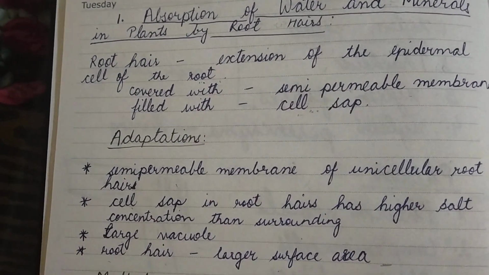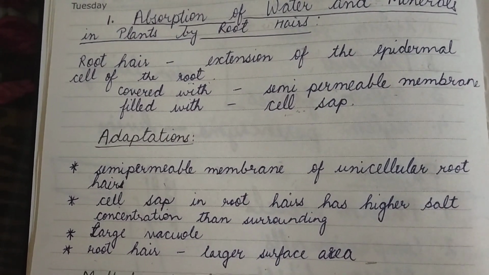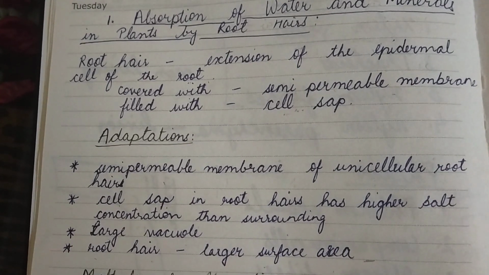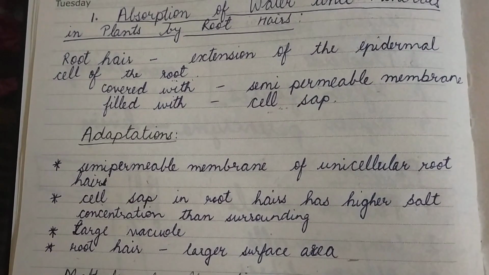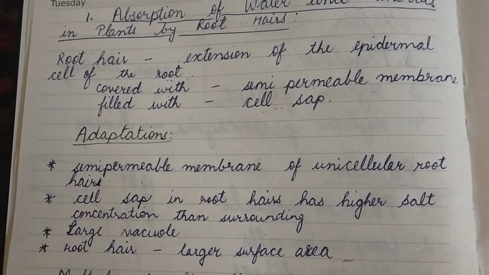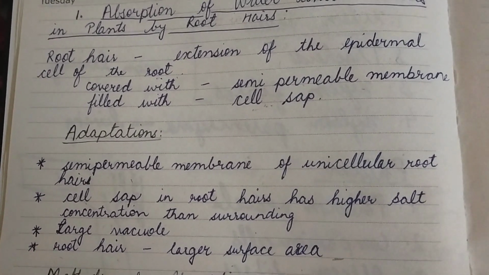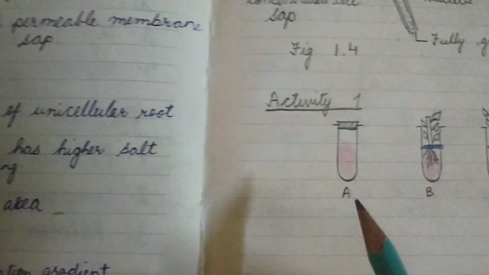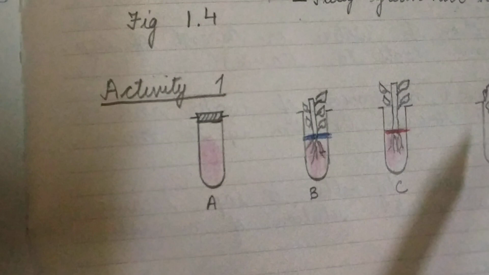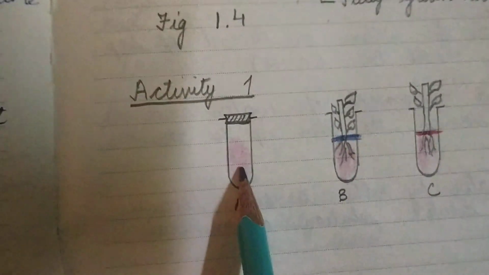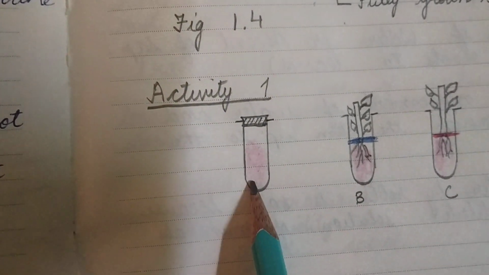Now, how can we say that roots are the main part of the plant which is responsible for absorption of water and minerals from the soil? We can discuss this with the activity which is already given. Here we have taken 4 test tubes. In the first test tube we have filled in the colored water.